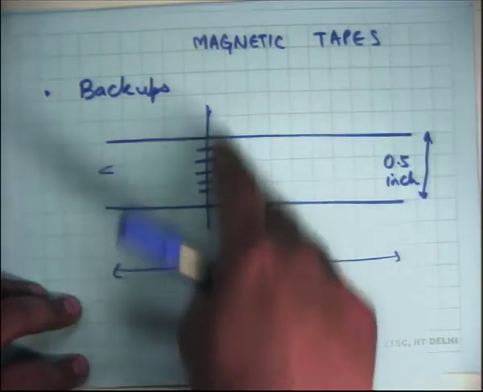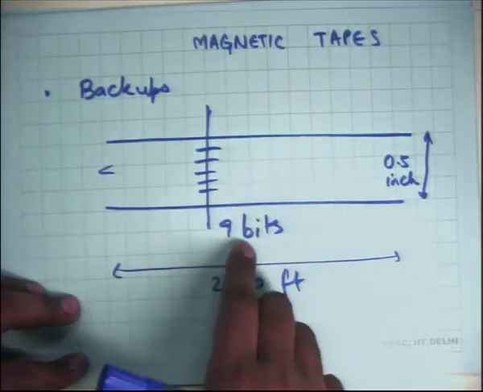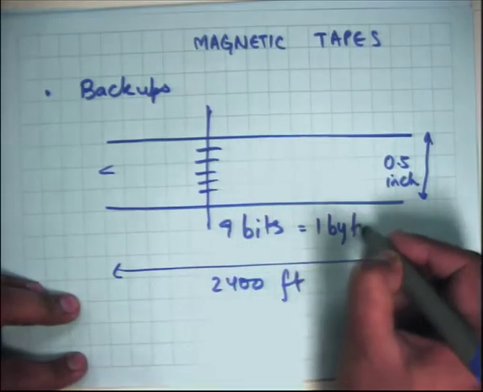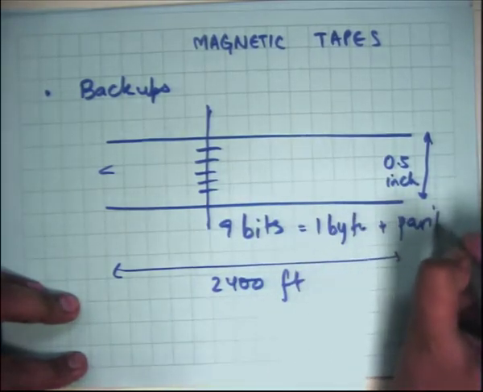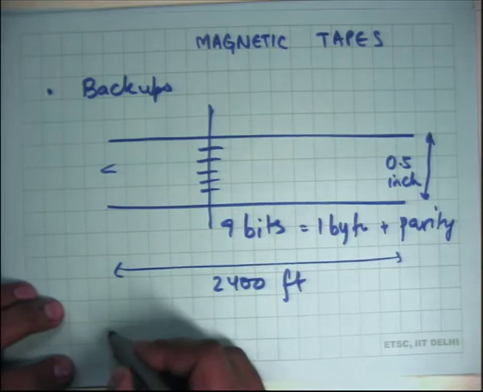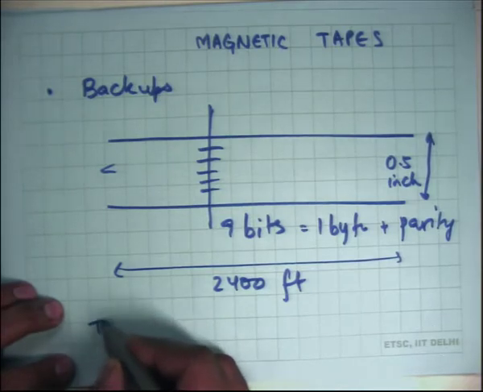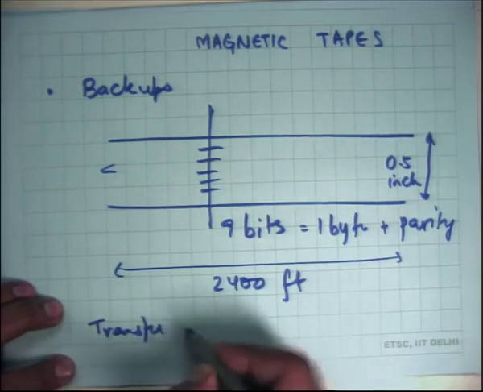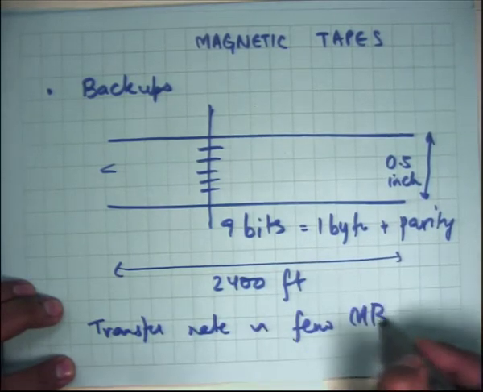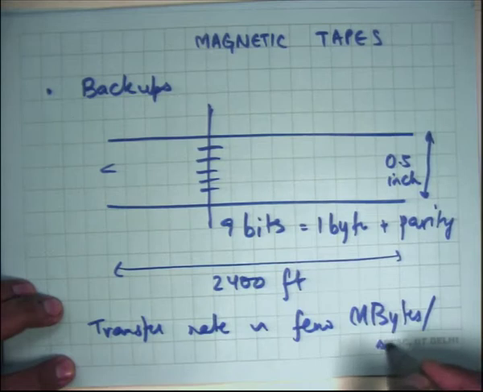Each cross section of a tape will have 9 bits, which means 1 byte plus parity. That's how it's typically used. For error detection, you have a parity bit, and the typical bandwidth transfer rate is roughly a few megabytes per second.